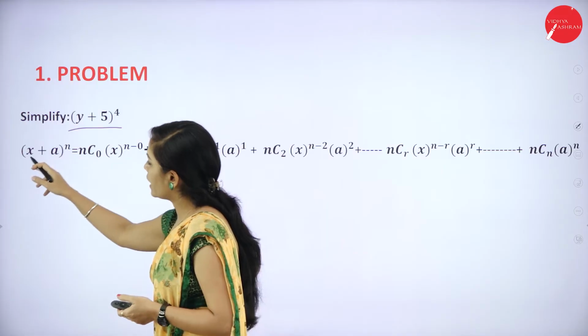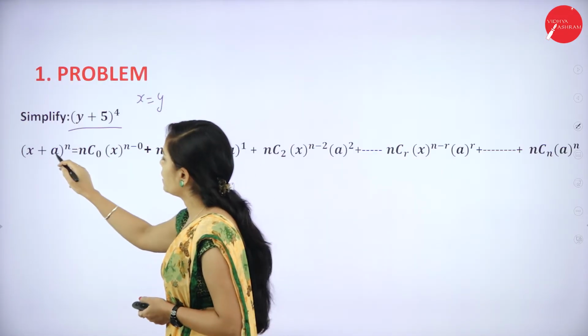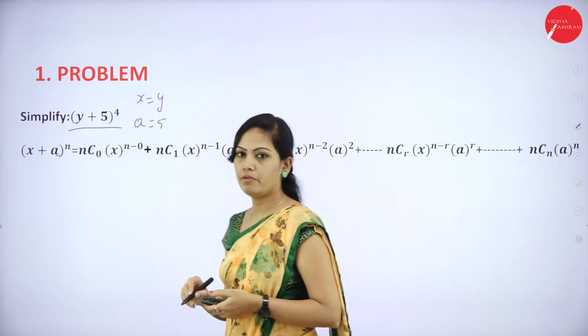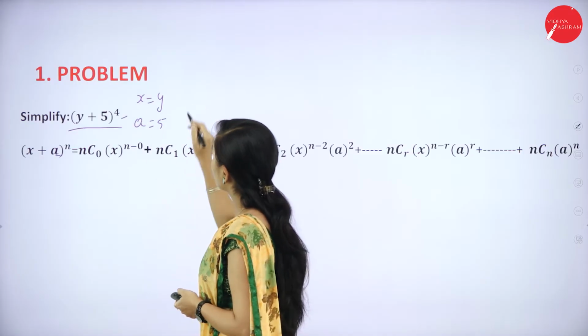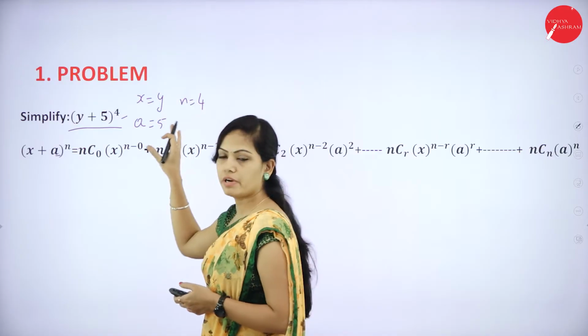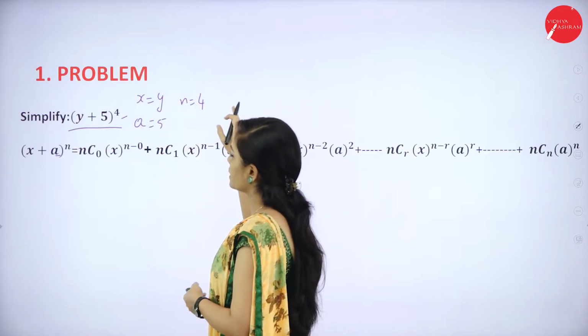In place of x, I have y, so x is equal to y. In place of a, I have 5, so a is equal to 5. In place of n, I have 4. So first write the given values: x is equal to y, a is equal to 5, n is equal to 4.